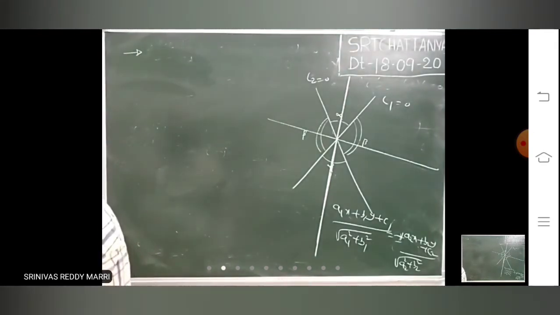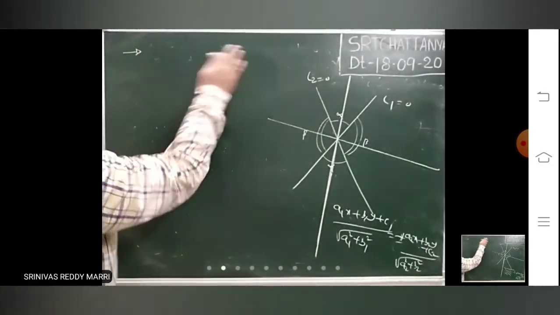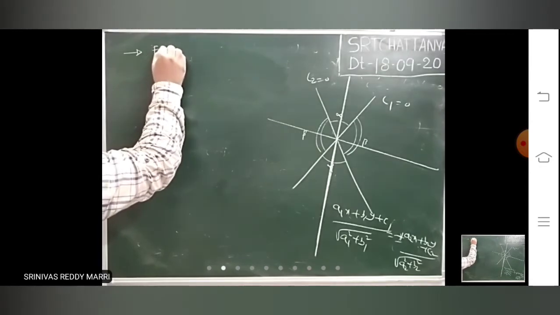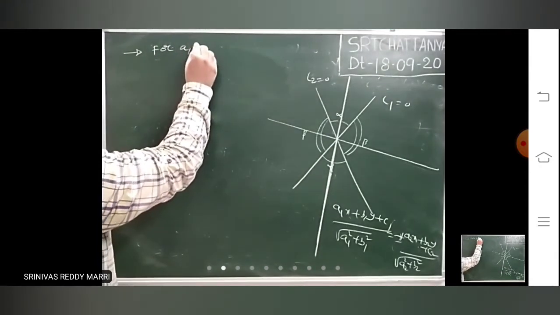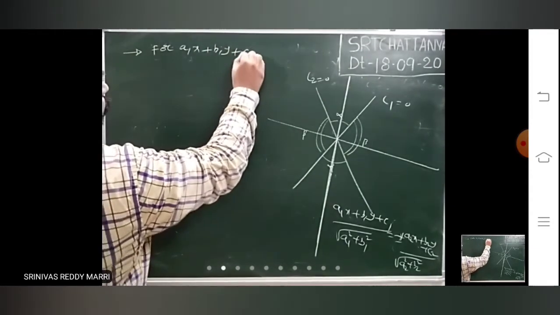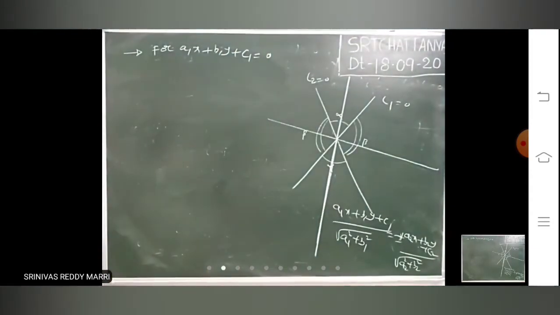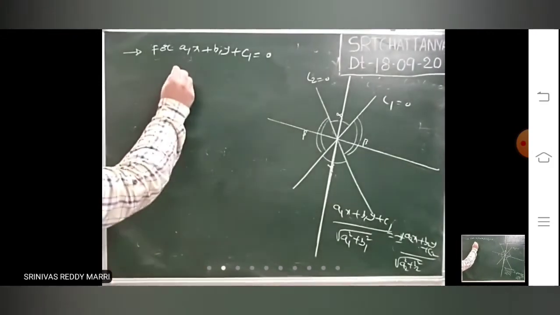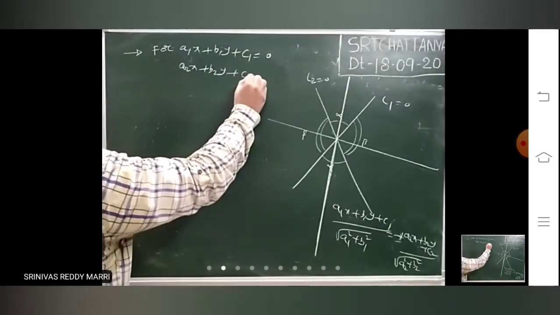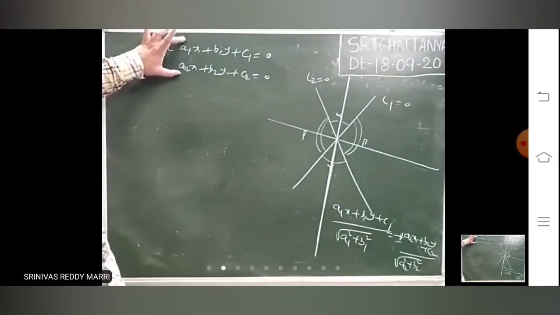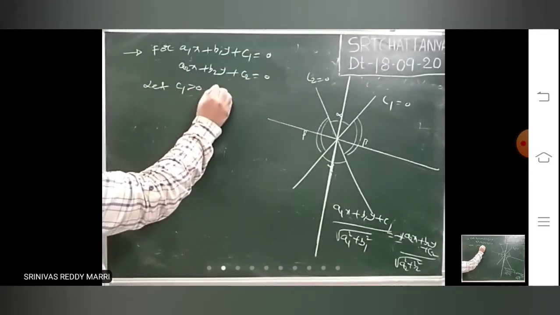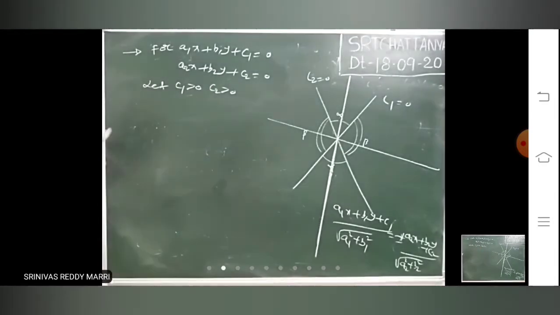First write the point. This theorem is not necessary, I will just tell an alternate method for this. Look at, for two lines a1x plus b1y plus c1 equals 0, a2x plus b2y plus c2 equals 0, let c1 greater than 0, c2 greater than 0.